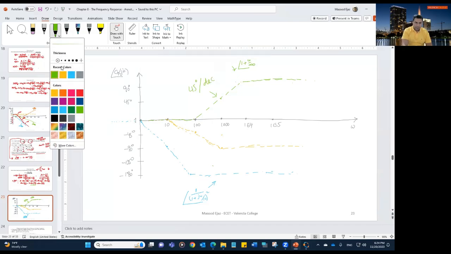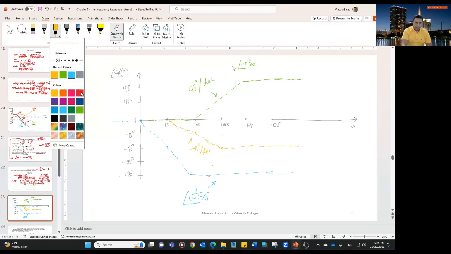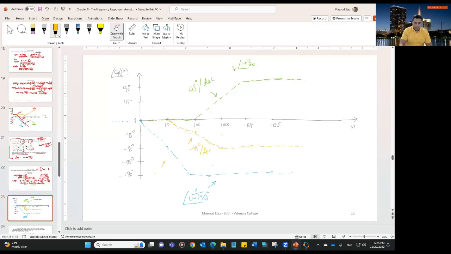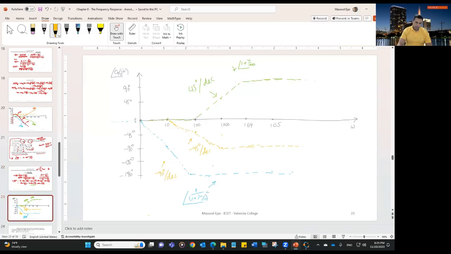This is negative 45 degrees per decade, and this is negative 90 degrees per decade. So these are the individual lines corresponding to each of the factors that you see here. 3 lines for 3 factors, phases.